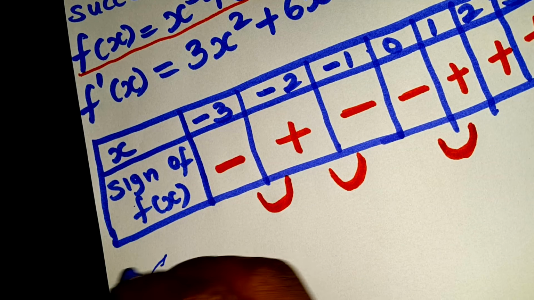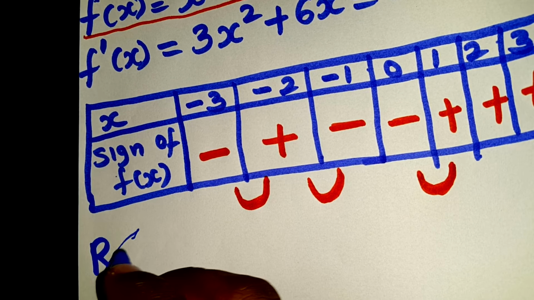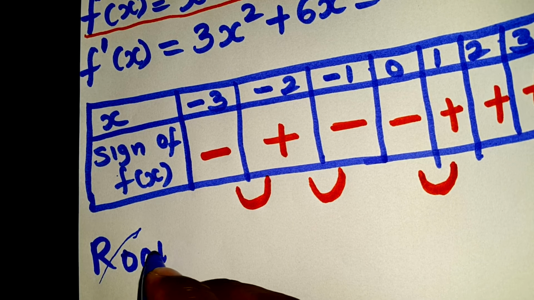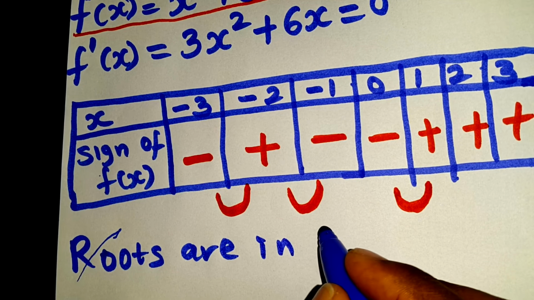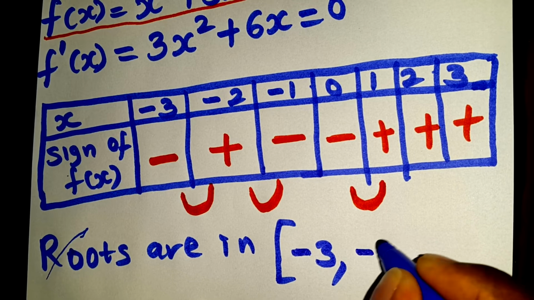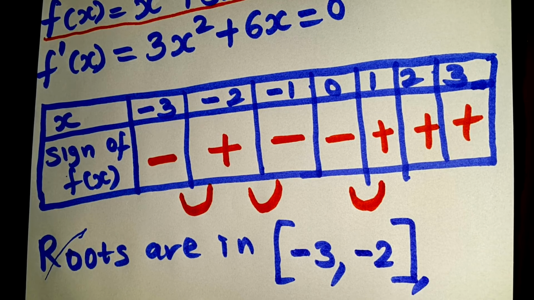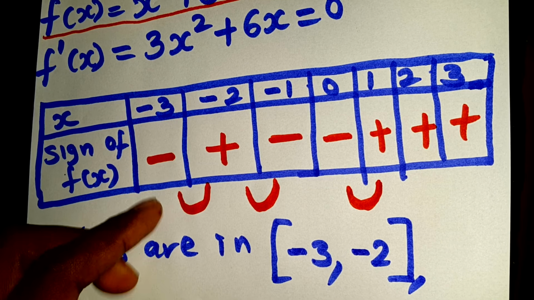So we write our roots. Our roots are in minus 3, minus 2. That's the first one, from minus 3 to minus 2.